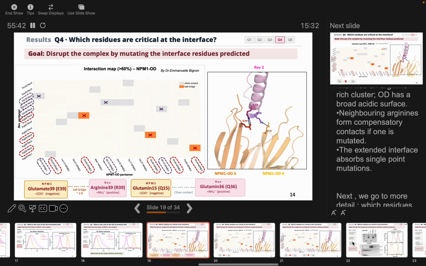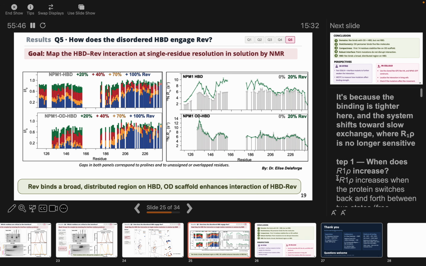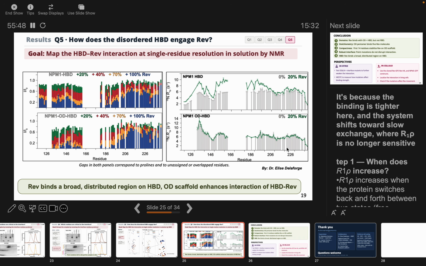From the NMR experiment, can you just specify on the graph which residues you consider are interacting with Rev? Which residues? We cannot predict exactly which residues.